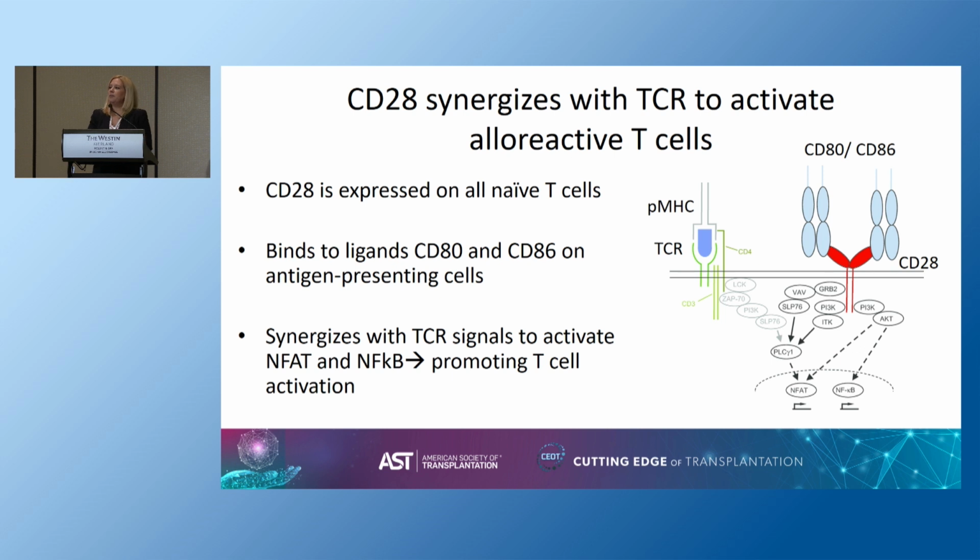You can see here that upon ligation to its binding partners, CD80 and 86, it induces the transmission of a positive co-stimulatory signal that leads to the activation of kinases and synergizes with signals perceived through the T cell receptor following ligation of peptide MHC, leading to the activation of NFAT and NF-kappa B and the transcription of numerous genes that get the cell turned on and activated.